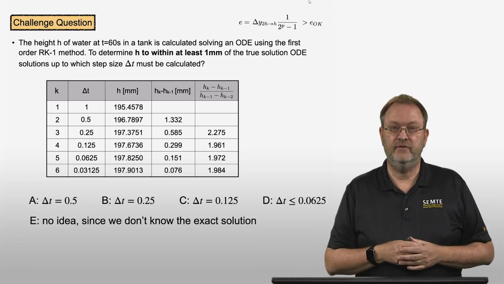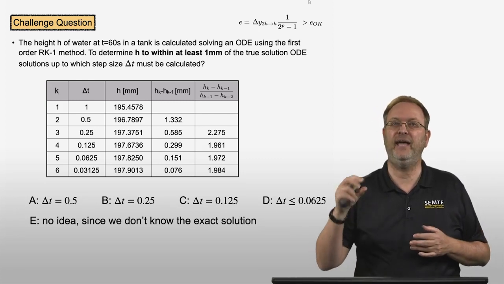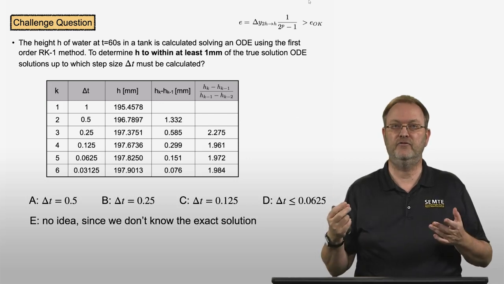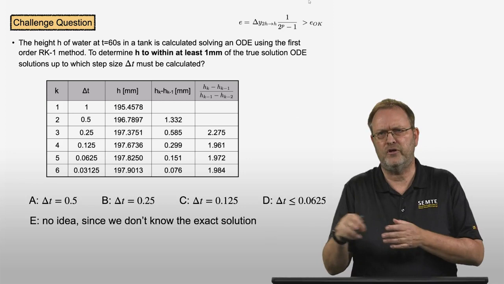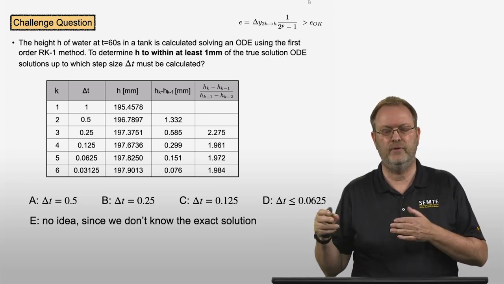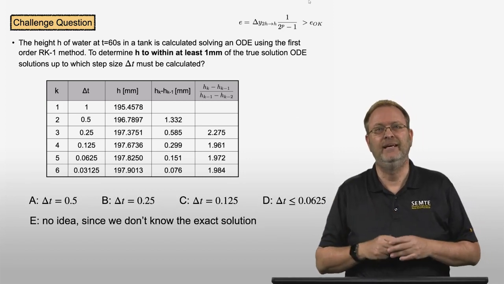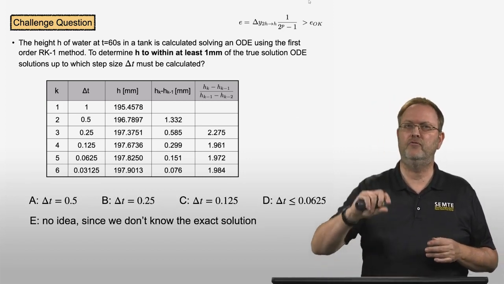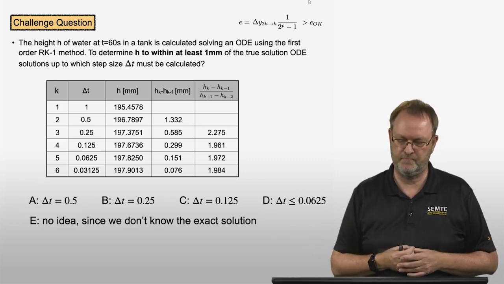Then shown here in this table in the fourth column is the change in heights from one simulation to the prior simulation. So that would correspond to the formula that we had, the delta y, if we go from 2h to h. And then also shown in the last column is the inverse of the ratio of these delta y's.